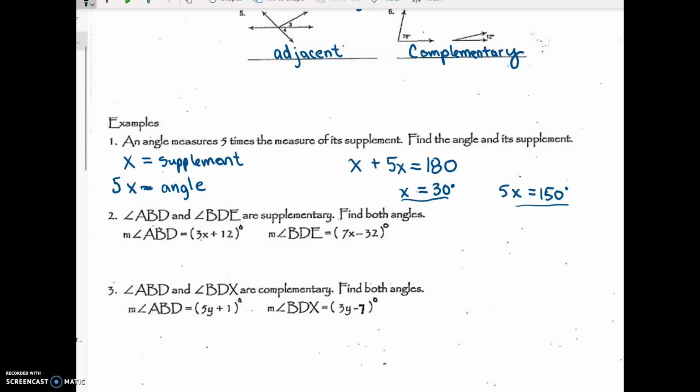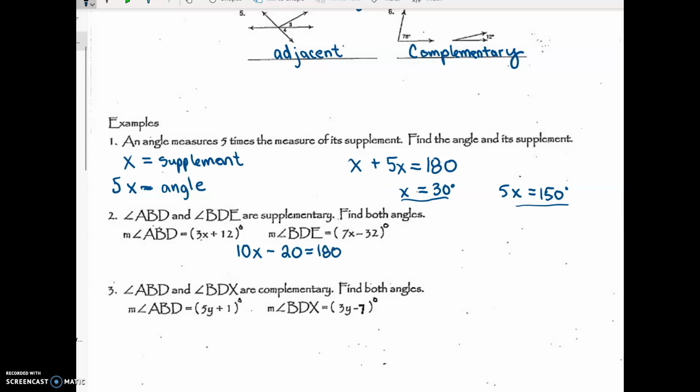Now with 2 and 3, they are telling us the angles are either supplementary or complementary. And so just using a little bit of algebra, combining like terms there. If we know these are supplementary, let's combine those like terms real quick. So we would have 10x minus 20, and that has to equal 180.